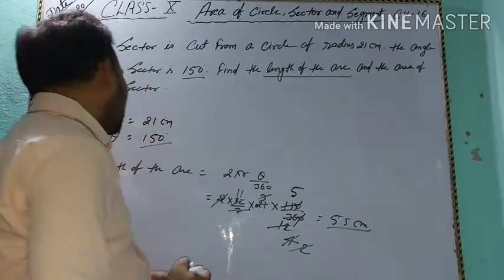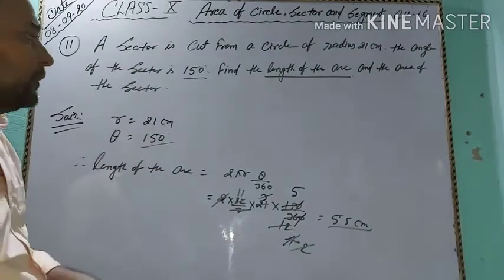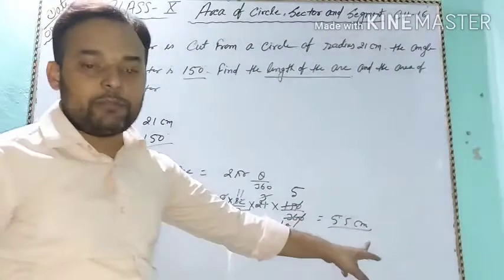The length of the arc of the circle is 55 centimeter.